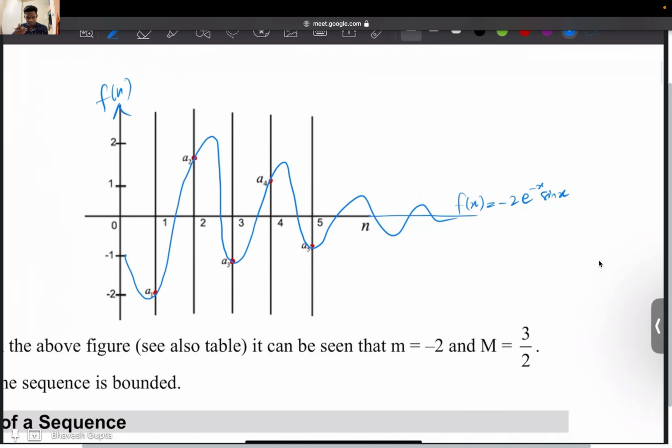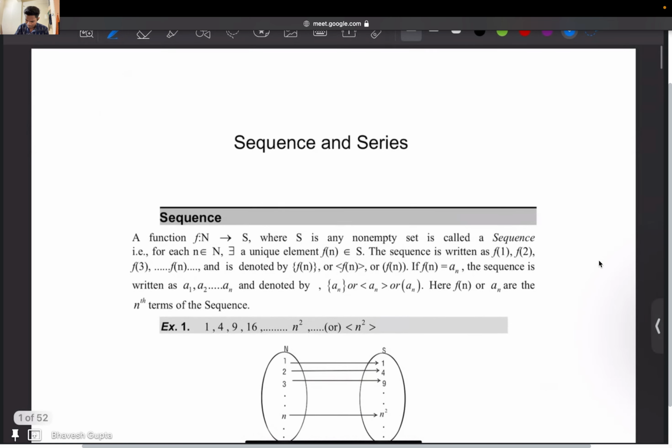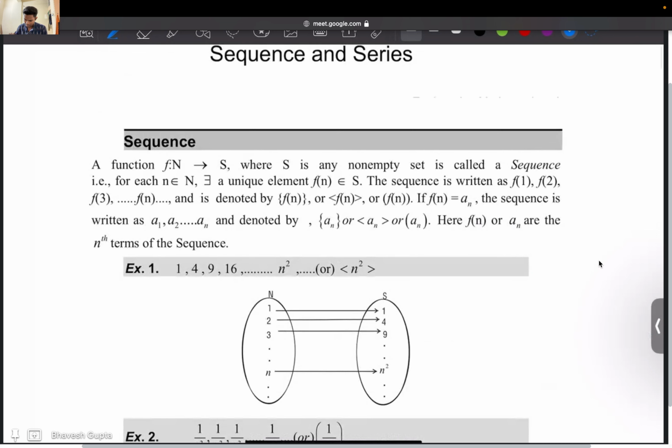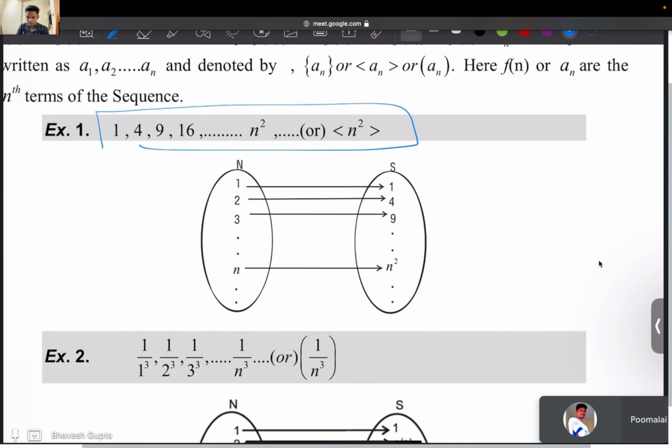Instead of looking at the continuous behavior, we are only looking at the discrete inputs, and that discrete input is basically a natural number. So we are just looking at this mapping from n to R. As you can see in this sequence, the mapping is done from the integer set, 1 to n, to the R set.